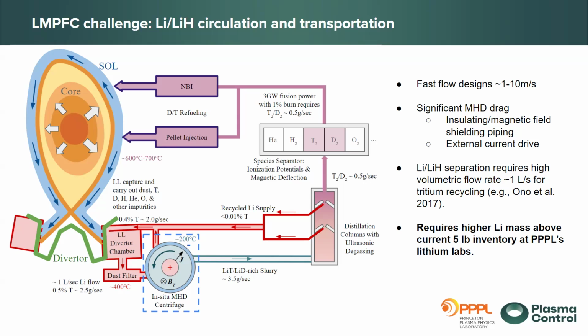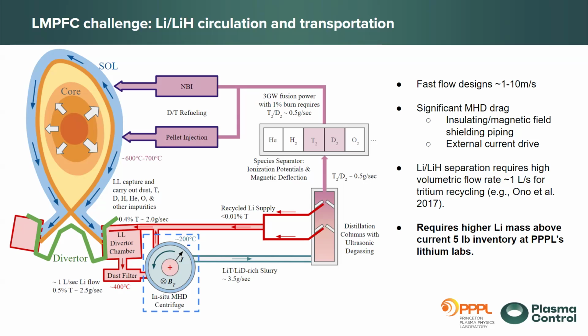Another issue that we're facing here is that because the liquid metal has a high electric conductivity, it's facing a significant MHD drag. The B field, the magnetic field in the tokamak, will act as a brake, like magnetic brakes, acting back on the flows. The higher speed you have, the higher drag you will be facing.